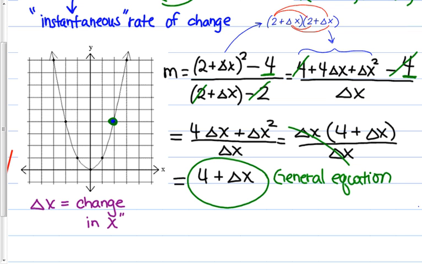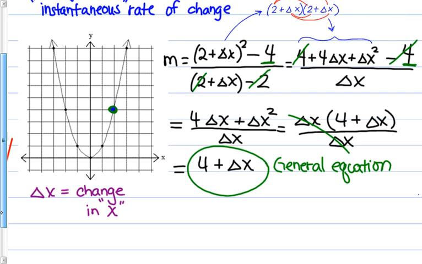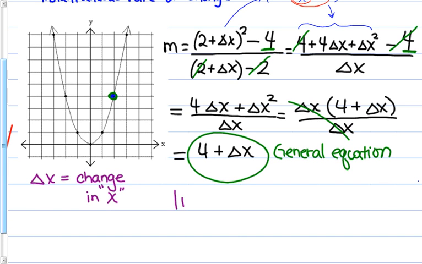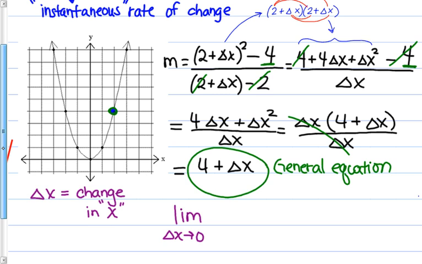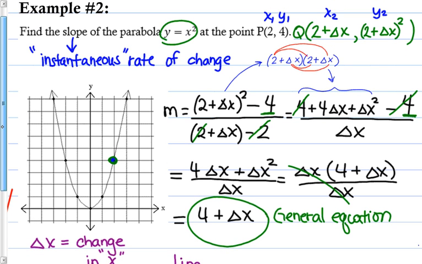Well, what if, using the power of limits, right? What if I told you delta x was slowly approaching 0? It was getting closer and closer to 0, so that it would actually end up being the point 2, 4, this original point right here.